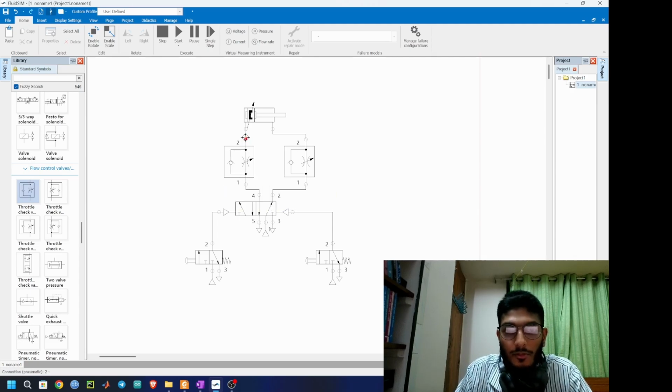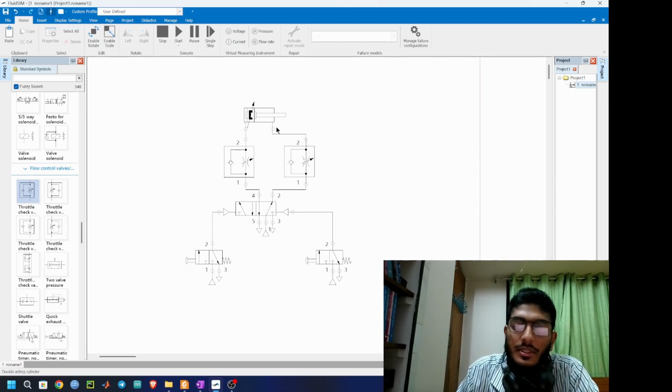So fluid will go from here and here, and when it reaches this intersection, where will it go? This side or down? Of course, this side, because we can see this is open. Fluid will move easily to the tank.